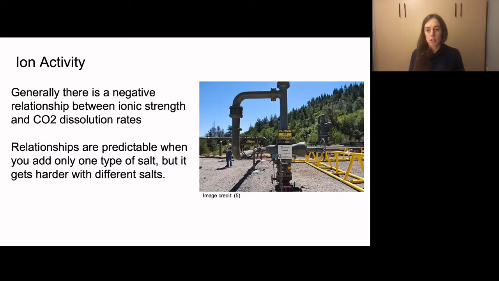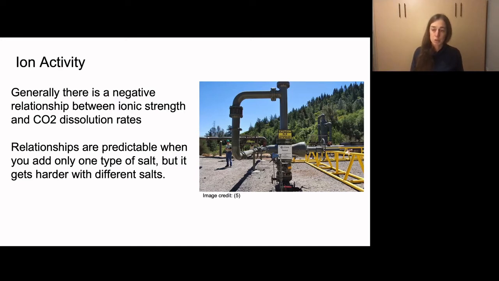The next thing is this idea of ion activity. If we have higher ion activity in our water, generally we can't dissolve as much CO2 in our water. Those ions are bumping around and interacting with our hydroxide and our hydrogen ions, and those hydroxide and hydrogen ions can't interact with CO2 and pull CO2 into solution.